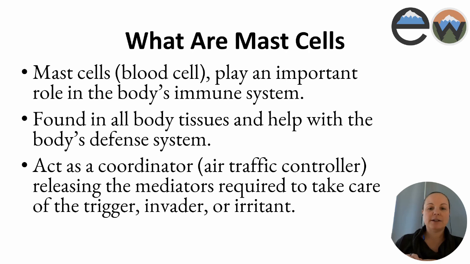Those mast cells have a really important role in the body, and that is this communication piece. They are responsible for interpreting what's happening in the body and then sending out the appropriate mediators to take care of it. They're found in all different body tissues, and again, they're supposed to be helpful with the body's defense system. I like to call them little air traffic controllers.